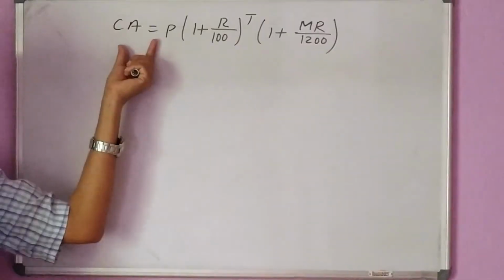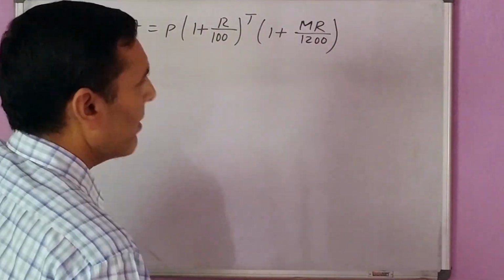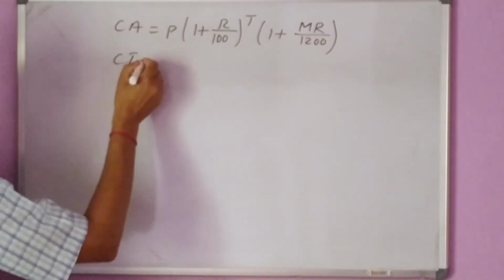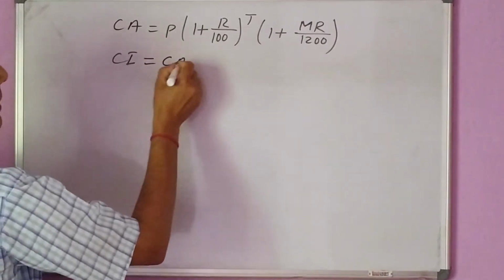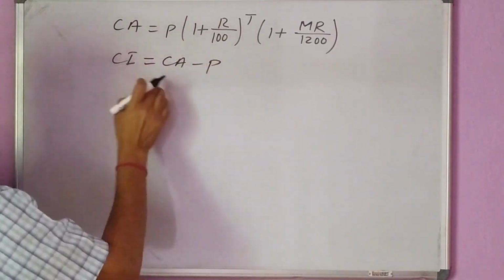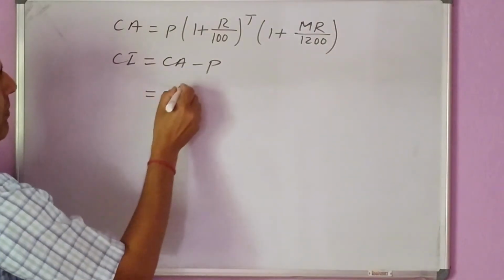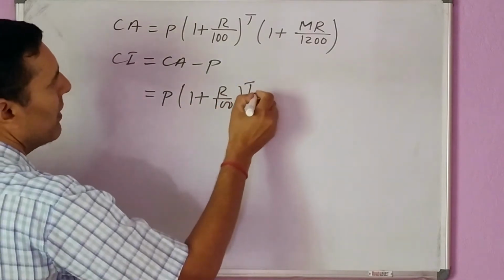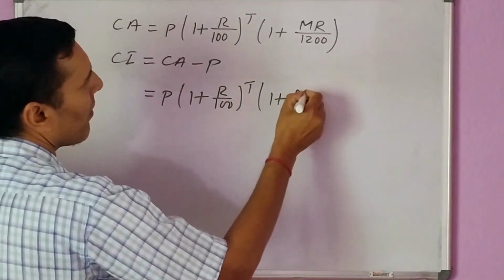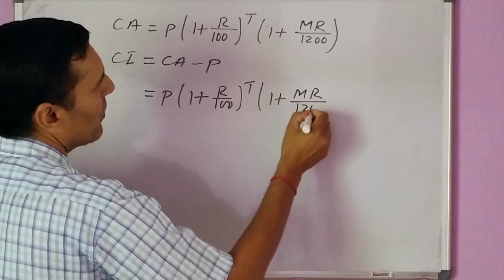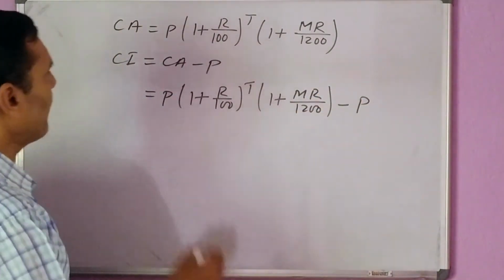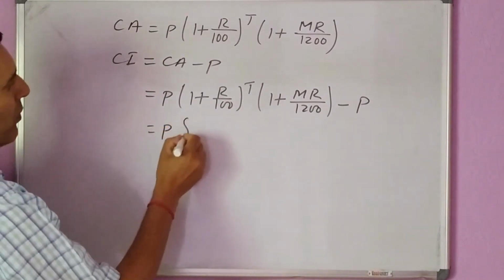So after having CA, we can find CI, compound interest, also by using the formula CI is equal to CA minus P, interest is equal to amount minus principal. So compound interest is P(1 plus R upon 100) to the power T times (1 plus MR upon 1200) minus P. If you take P common here, what will remain?